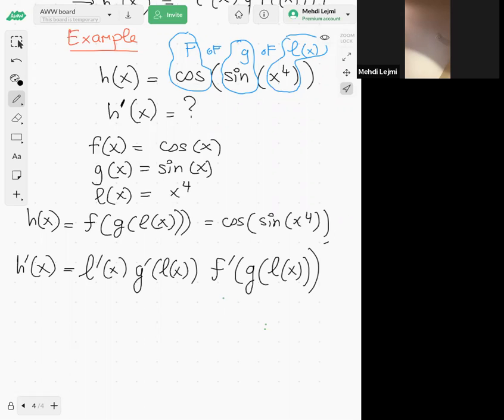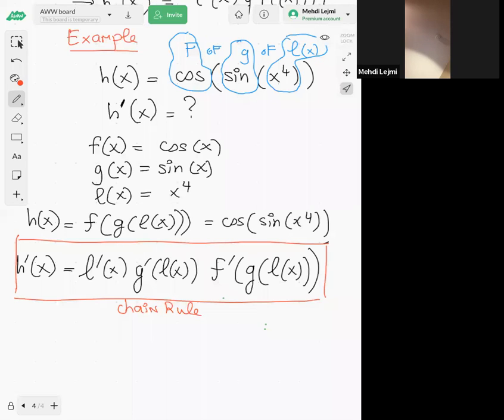That's our chain rule, the chain rule for when you have the composition of three functions. All right, so what we want to compute is h prime. So first we need L prime, right?